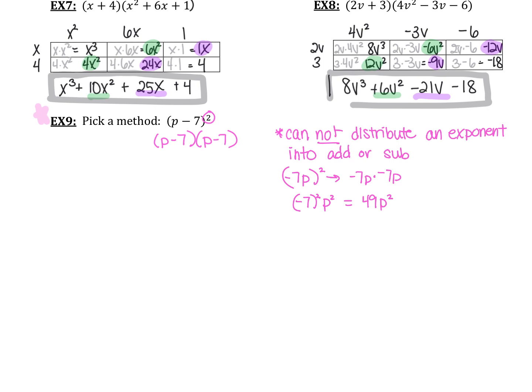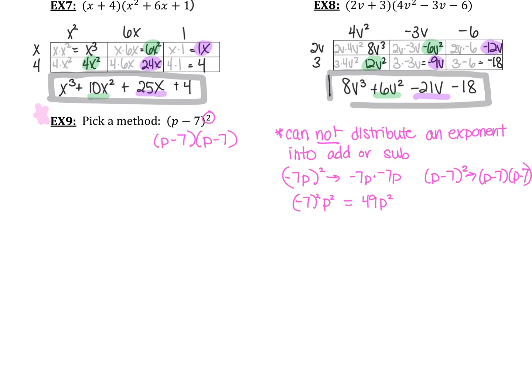I can do that. What I cannot do is if I am taking in p minus 7 squared, I am not going to be able just to distribute that in. This is equivalent to p minus 7 times p minus 7. Let me prove to you that this is not the same as distributing.